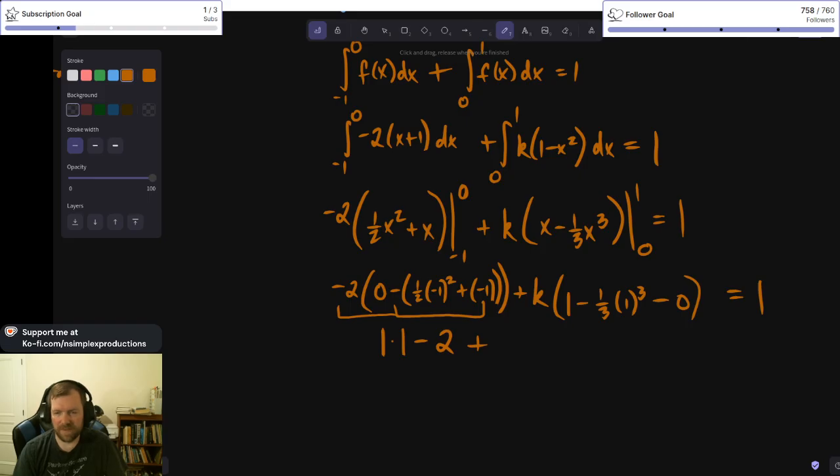Plus k, now we'll leave it there, times the quantity 1 minus 1 cubed, which is going to be just 1. So times 1/3 is going to be 1 minus 1/3. So 2/3 equals 1.